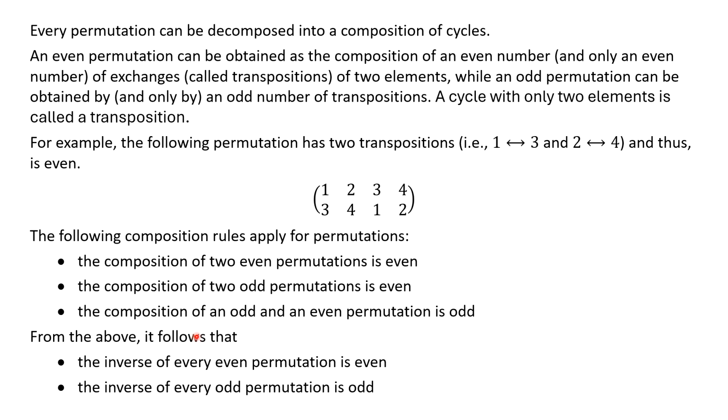And from the above, it follows that the inverse of every even permutation is even, and the inverse of every odd permutation is odd. Okay, so we have a number of mechanisms to determine whether we have an even or odd permutation. And I'll work through some of this in the case of n equals 3, which is one of the more common cases because this is used a lot in physics where you're talking about three-dimensional space.